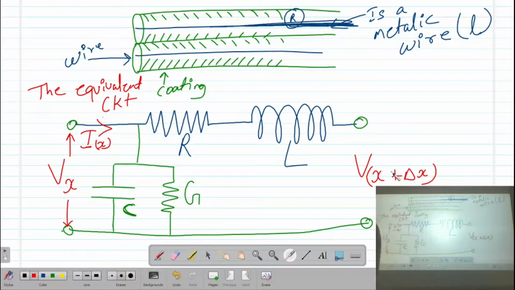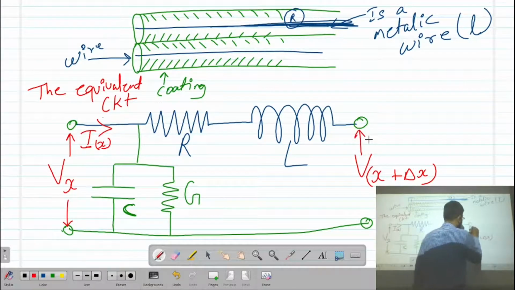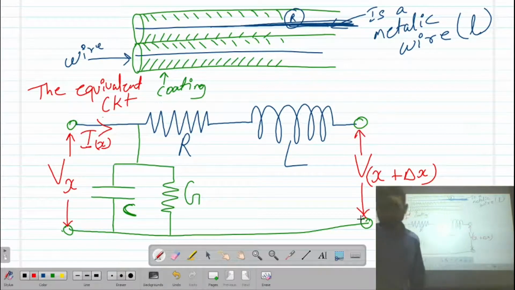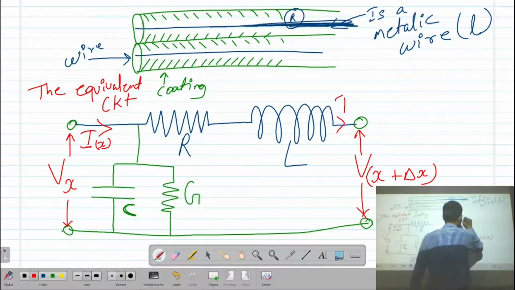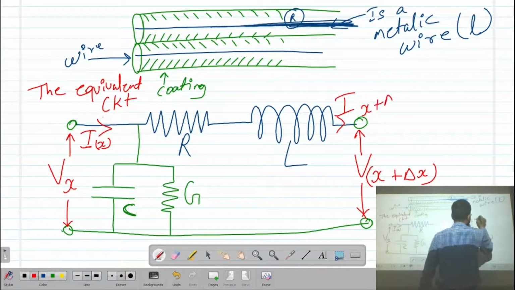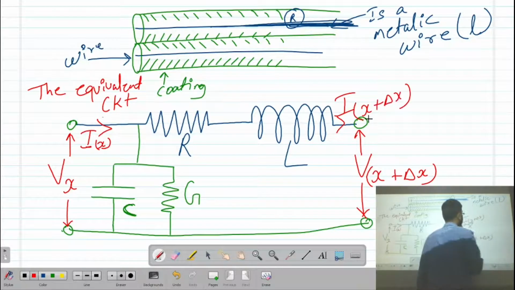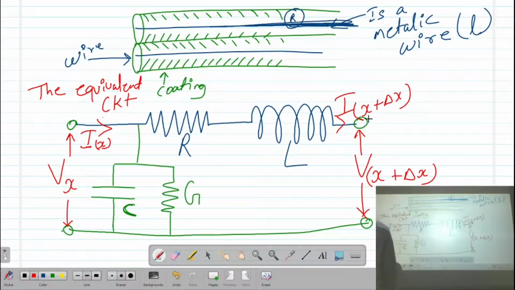Okay, now this is across the output. I will also have the same I at x plus delta x. This is all about the equivalent circuit.